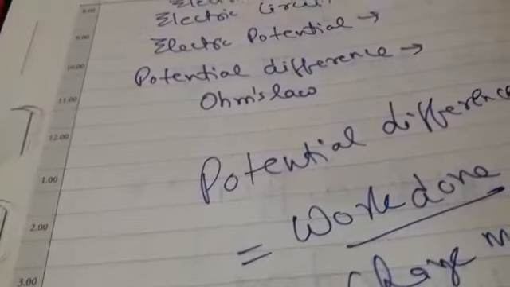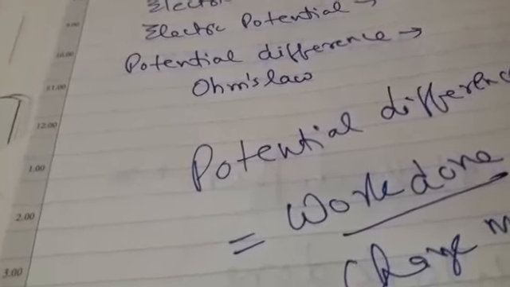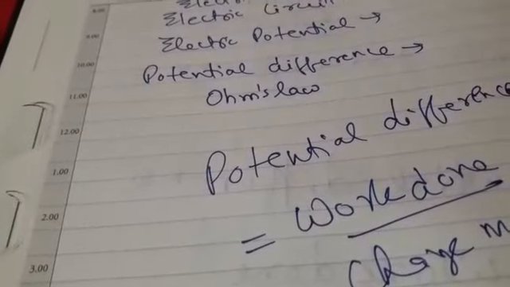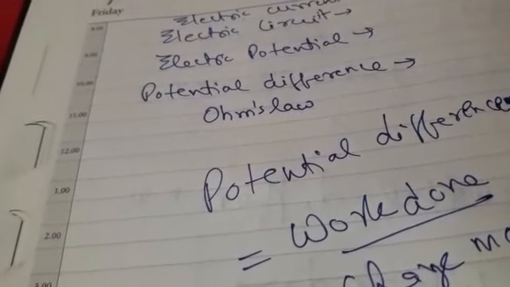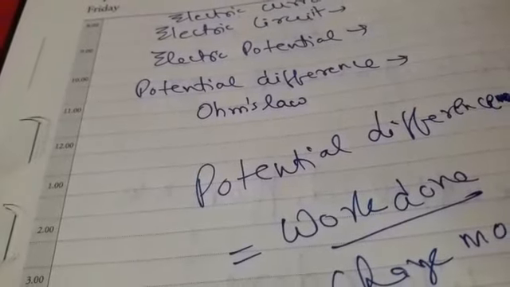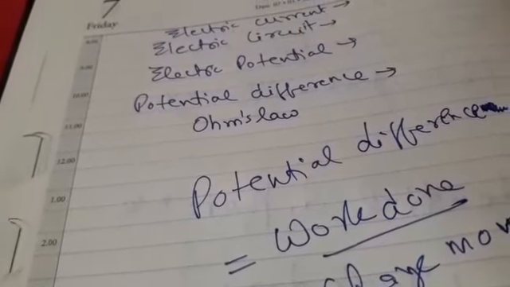Means, more potential difference, more will be the current flow. More work done, more force will be exerted on the charged particles to move, and that force will lead to the formation of electric current.